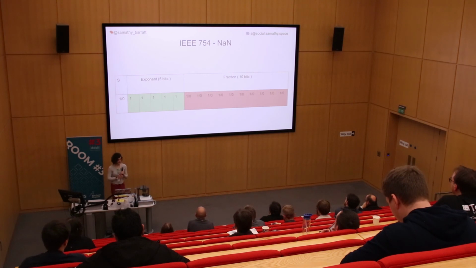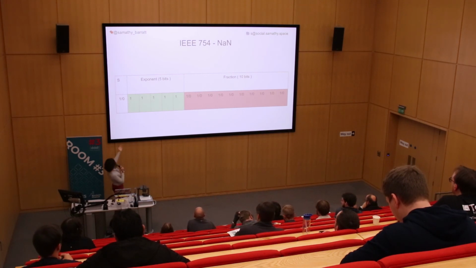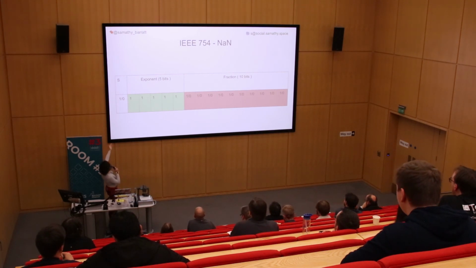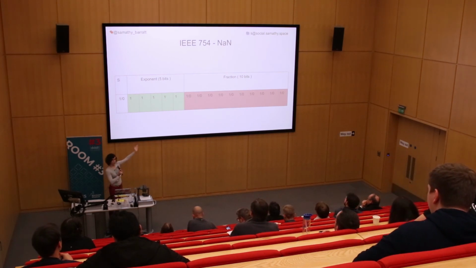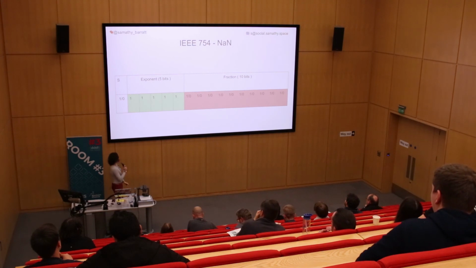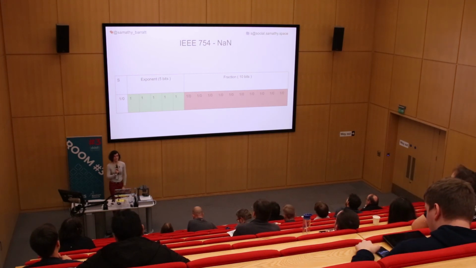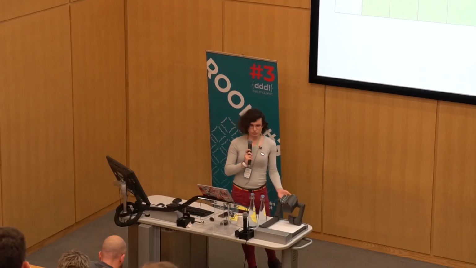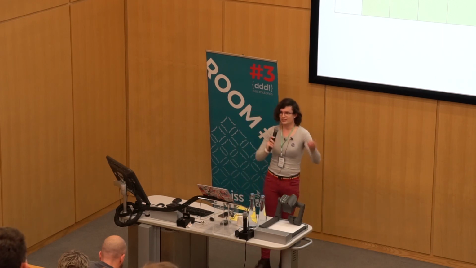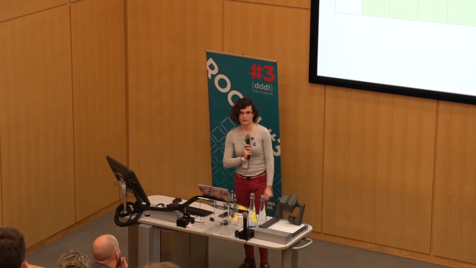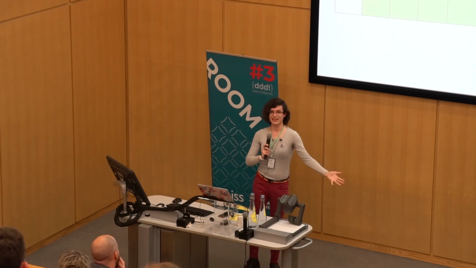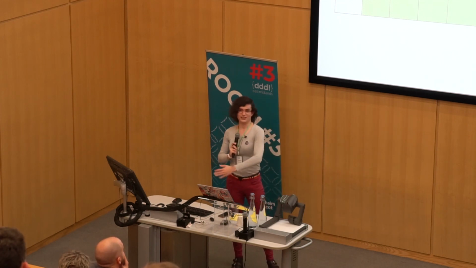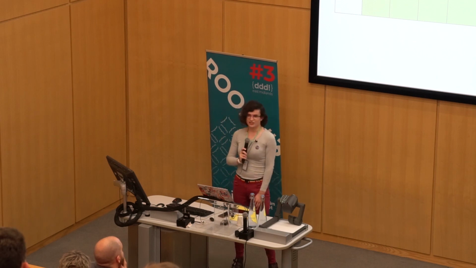Floating points contain this fancy thing where if your floating point has a sign of 1 or 0, an exponent of all ones, and a fraction of ones or zeros, it's not a number anymore. Which is not really a nothing, but it's this special fancy value which basically says this is not valid. It's not a thing anymore. It's not what you expect it to be. And so I'm counting it as a nothing.